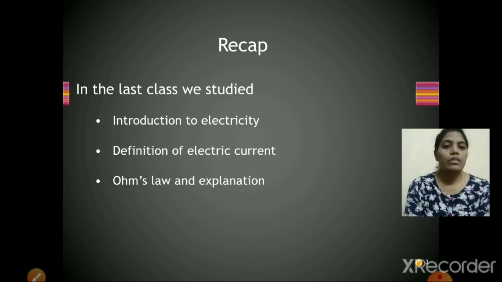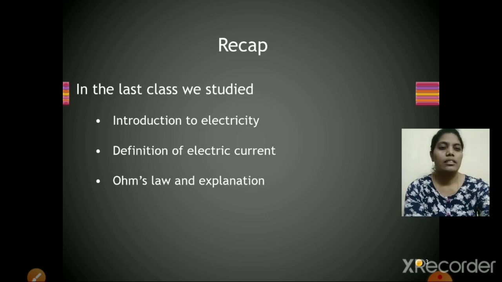The relation between electric current and potential difference is expressed by Ohm's law: electric current is directly proportional to potential difference at constant temperature. By using this relation, we got the expression V equals I into R. We have seen the three different expressions for V, I and R by using a triangle, so that we learned in the previous class.